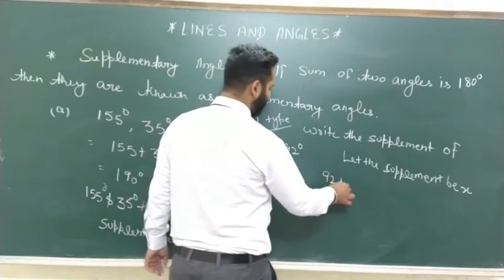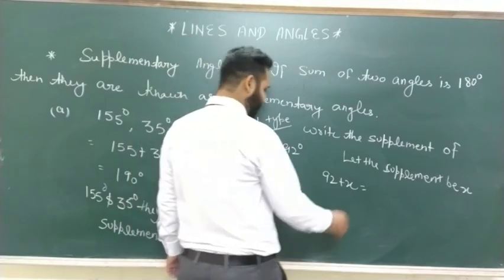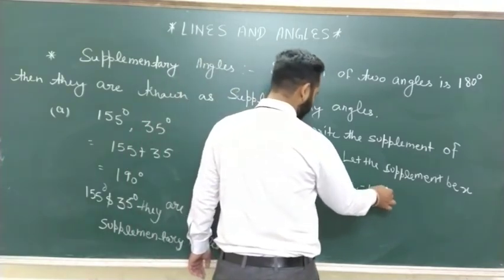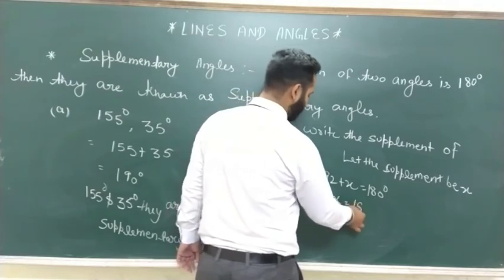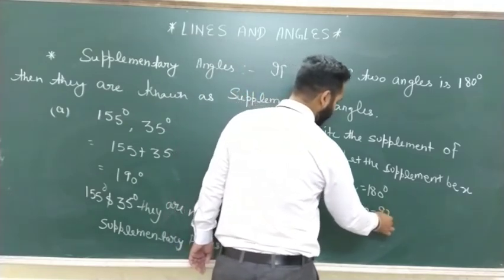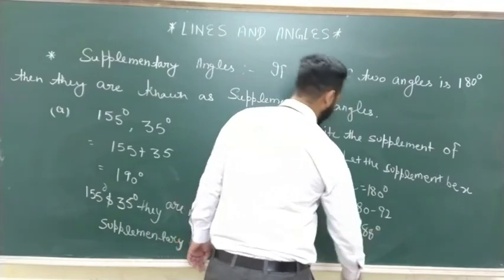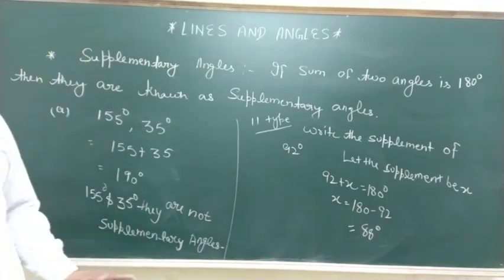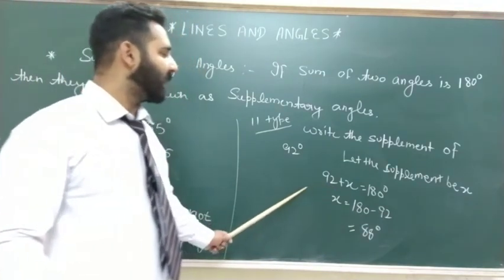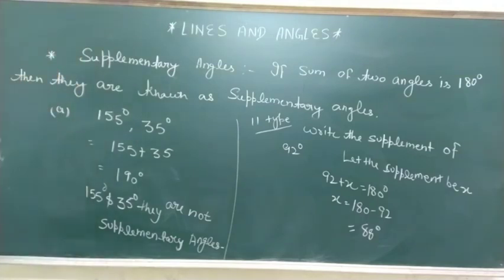So 92 plus x, because they are supplementary, the sum we take is 180 degrees. Now x is equal to 180 minus 92, and the answer you will get is 88 degrees. So we can say 88 degrees is the supplement of 92 degrees. Is it clear? Fine.